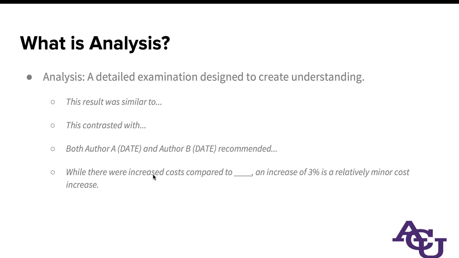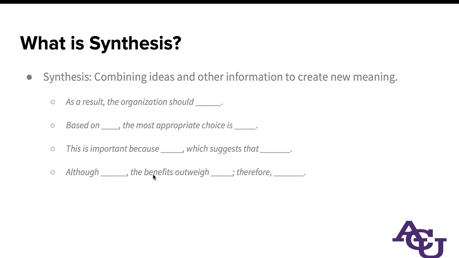So you might point out, there were increased costs for this, but 3% is relatively low. That's often less than the standard of inflation, so that's not necessarily prohibitive. Now, you may have other things where it was designed to decrease costs and it made things more expensive. That would be a recommendation to probably not adopt it because it didn't do what was desired.